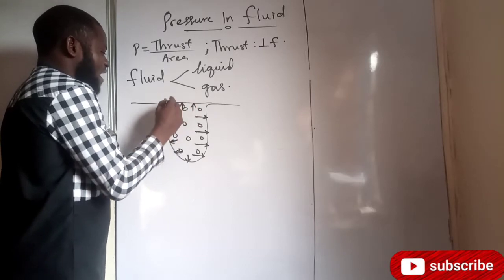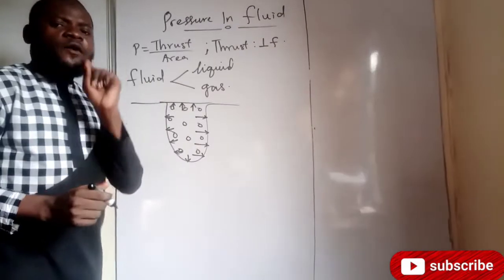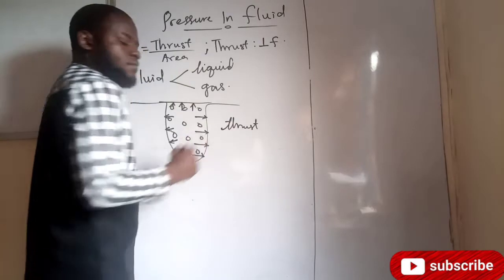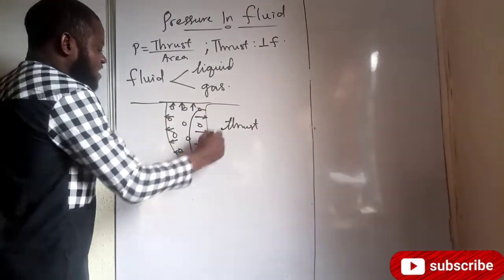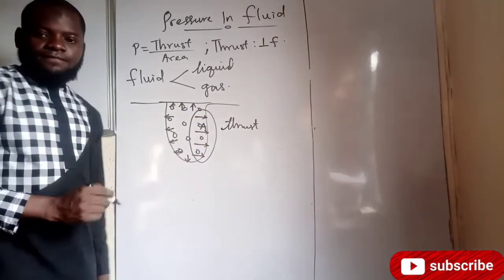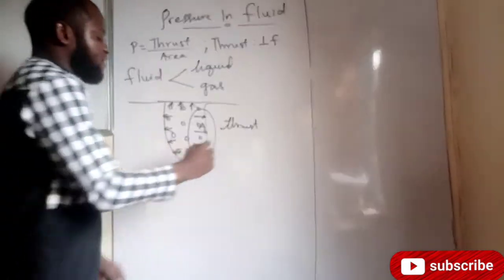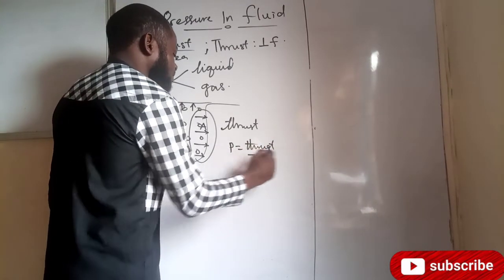So, as they exert a perpendicular force on this container, we can call that force thrust. If I consider a unit area like this, then thrust per unit area is going to be the pressure exerted at that area.